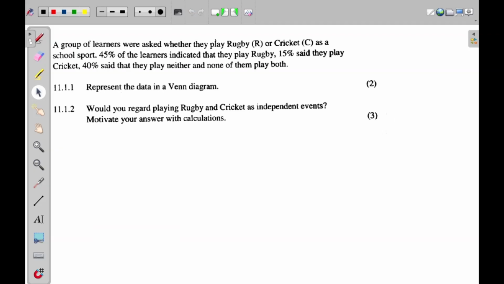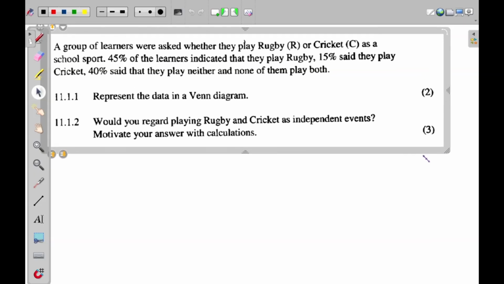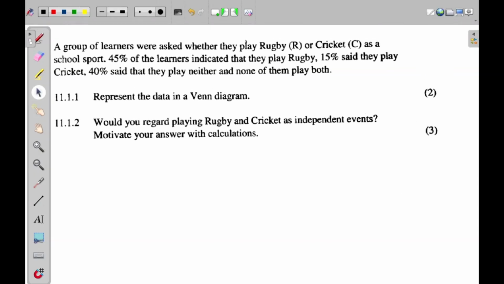Another one to try out is this one. Again, we are told here a group of learners were asked whether they play rugby or cricket as a school sport. 45% of the learners indicated that they play rugby. Remember, I said to you, probability can be presented in terms of percentages or decimals.